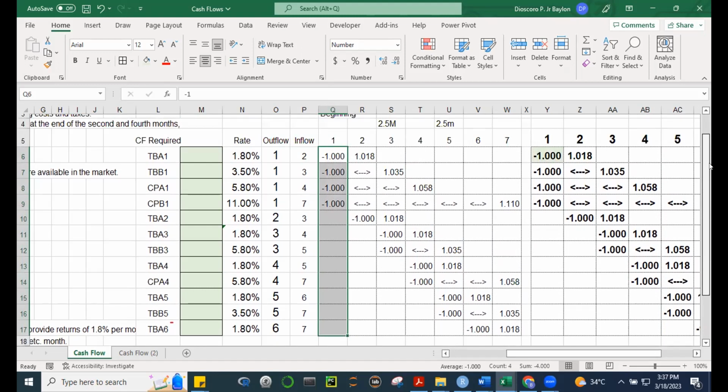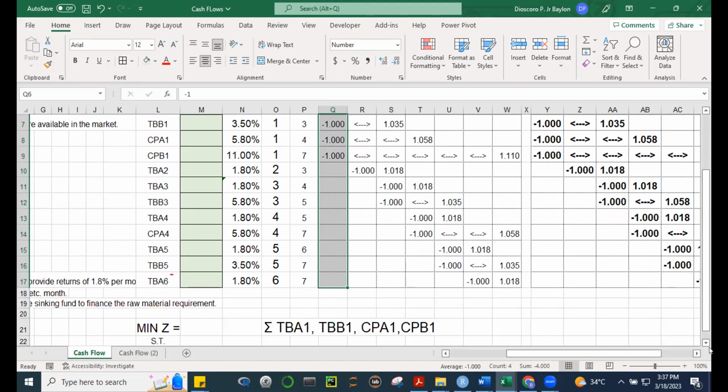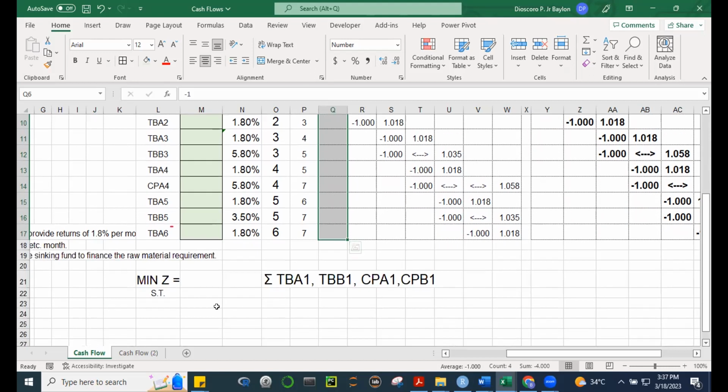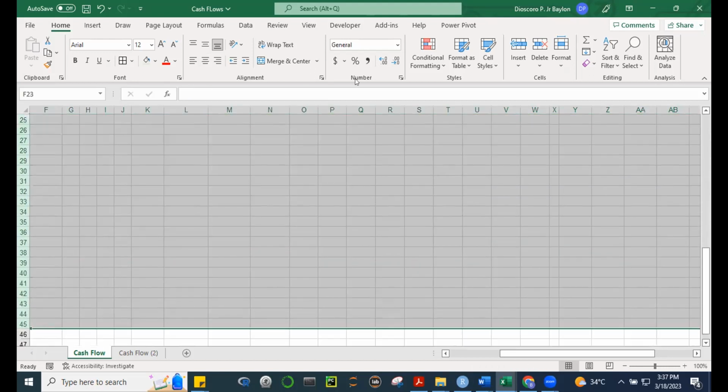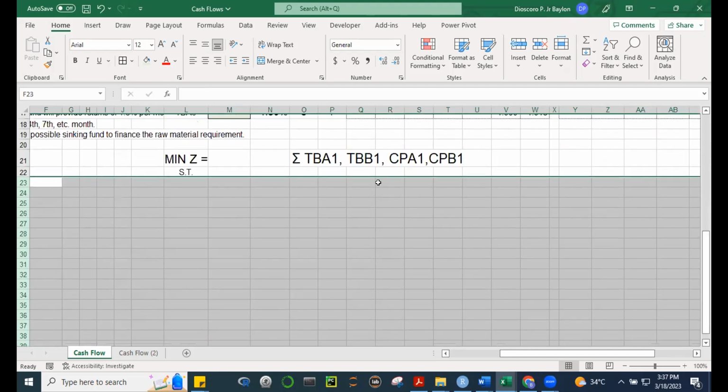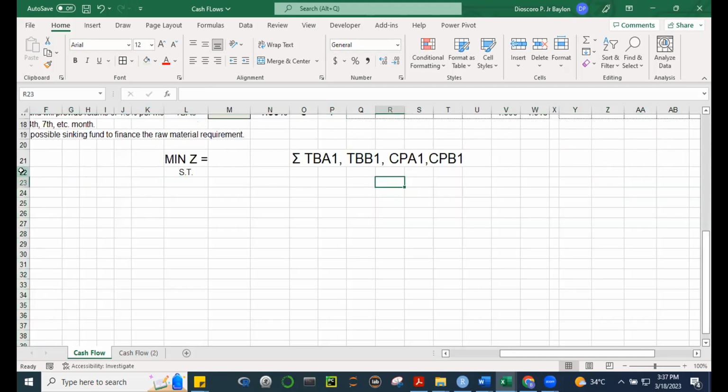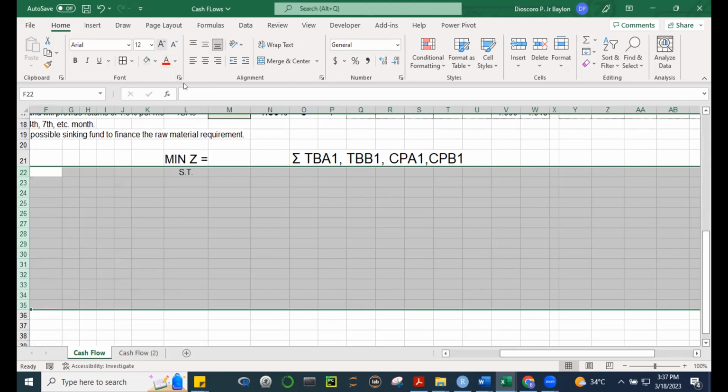Okay, so what will be the equation for month 2? We just take a look at the factors and then take a look at the cash flow. Okay, what will be our inflow for month 2? That's where you need to look at the factors in our table. What will be the inflow for month 2?